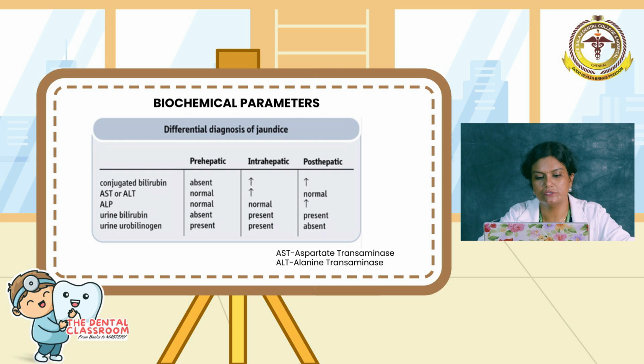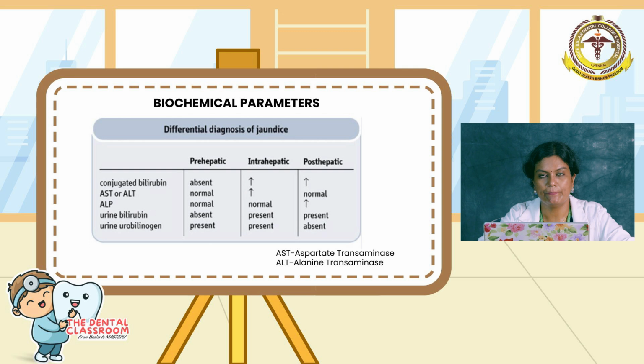Likewise, the most significant enzyme which helps in assessing liver health and jaundice is alkaline phosphatase or ALP. The ALP levels will be normal in prehepatic and hepatic jaundice, whereas it will be elevated in posthepatic jaundice. The most important urine diagnosis for jaundice is the qualitative analysis for urine bilirubin.